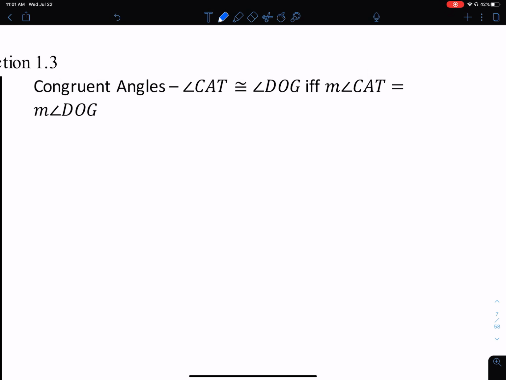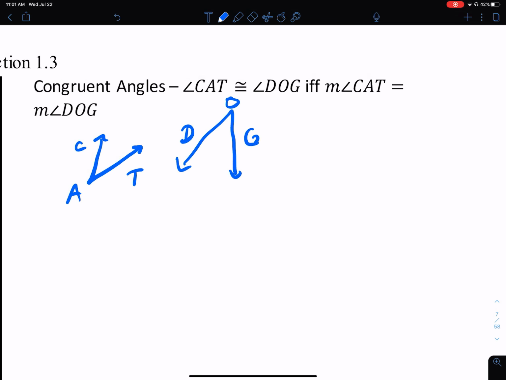So let me give you some pictures of this, and we'll try to simplify this a little bit. So here is a picture of angle cat. Here is a picture of angle dog. My angles are not very attractive.